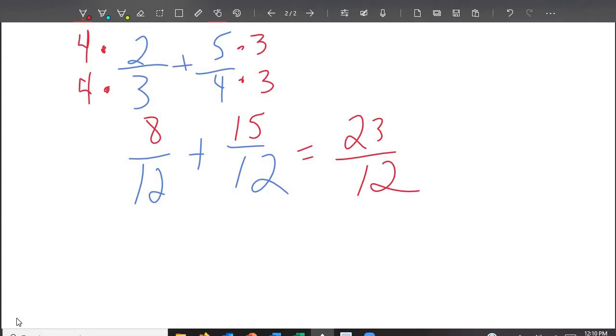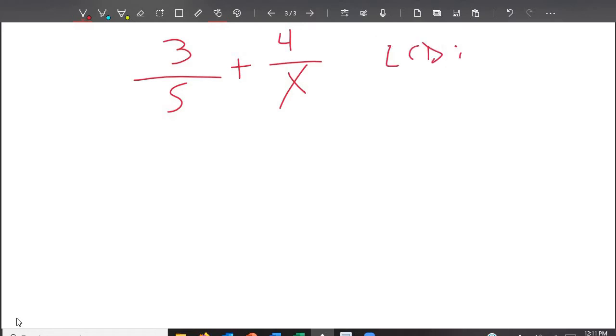Let's start with something simple. Let's say I have 3/5 plus 4/x. Now remember, I said the LCD has to contain everything in the first denominator. So we have to include a 5.